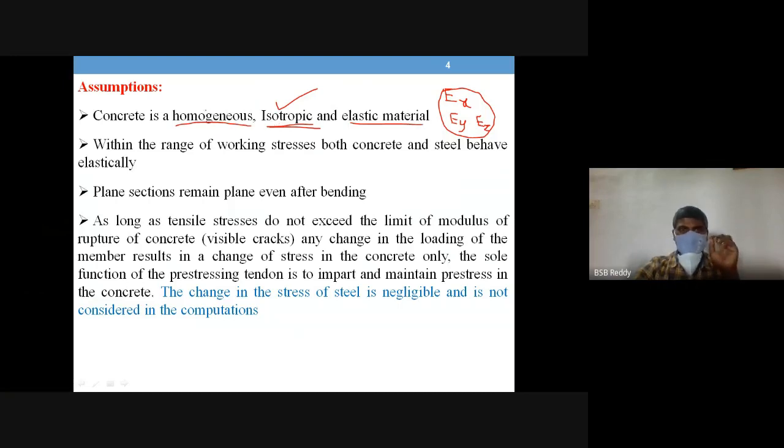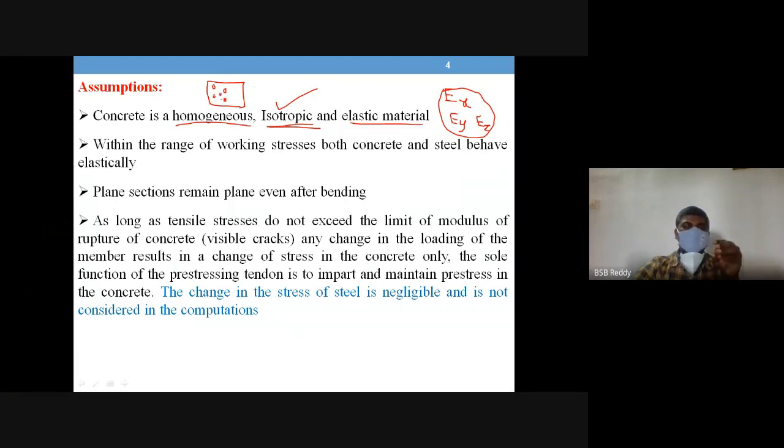Homogeneous means the material is the same at each and every location in a member. You take any location, and the same material shall exist.